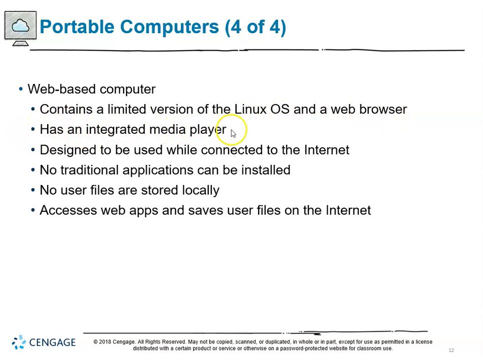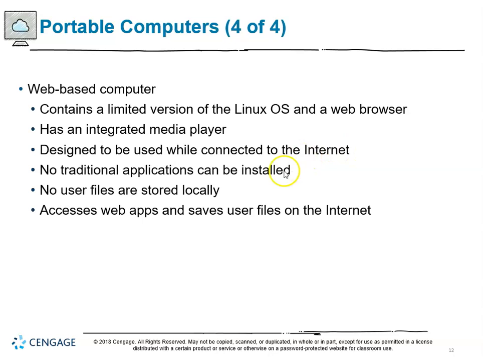It has an integrated media player, but it is more or less what we call a dumb terminal. It doesn't have much processing capability. It's only designed to be used while connecting to the internet. The processing power is in the cloud, in the internet. This web-based computer is merely a conduit to access that information.